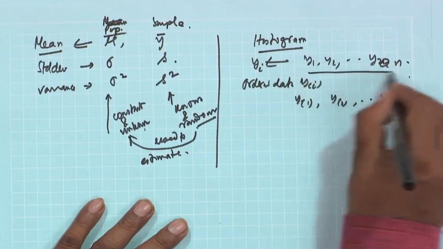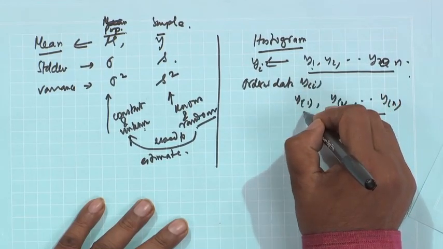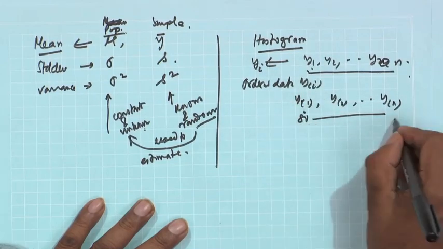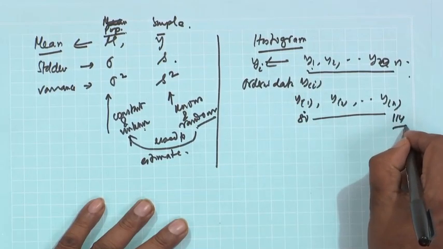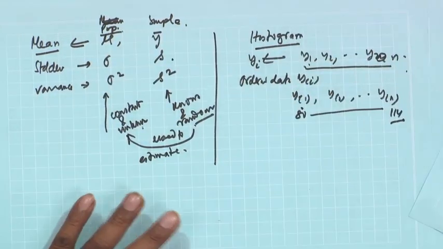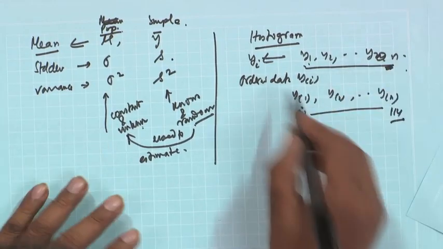Remember, y1 is not the same as y(1). This may be some value, here it is 80 and here it is 104 for the ordered case, but for the unordered case it is different. Whatever, order the data.